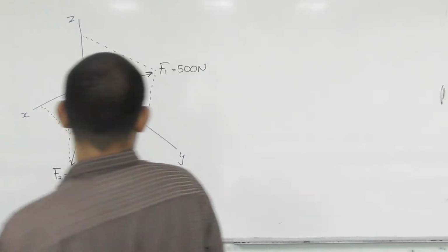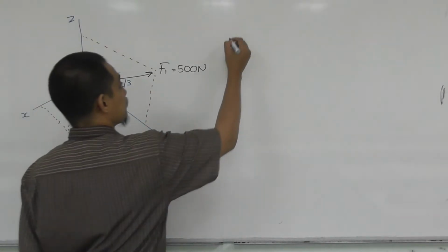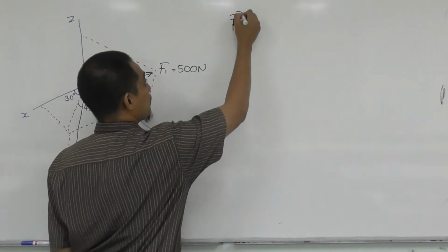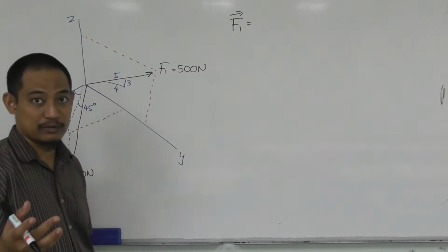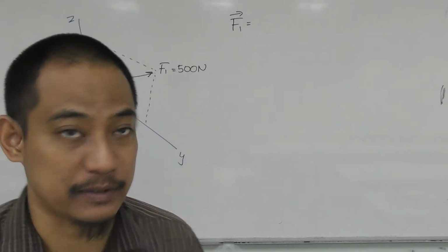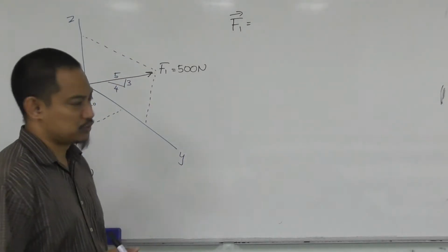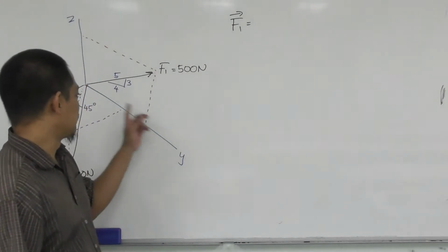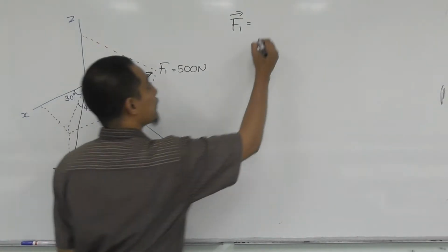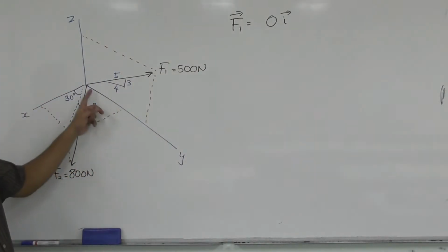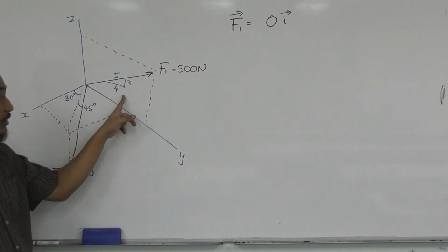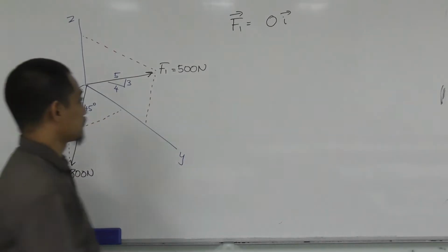Positive force. Now for F1, what's the X component? There's no X component there, so 0i. What about the Y component? Hopefully by now you already know how to use this triangle.